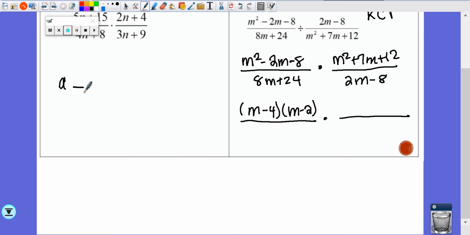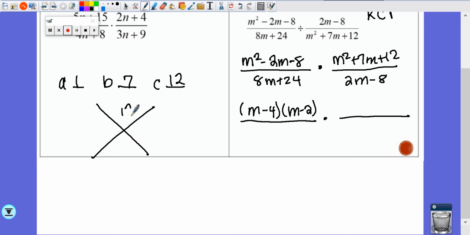So for the second one, A is 1, B is 7, and C is 12. So I'm going to factor that down to a binomial. So my A times C is 12, and my B goes right here for 7.